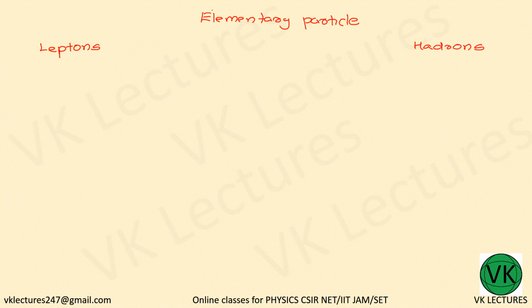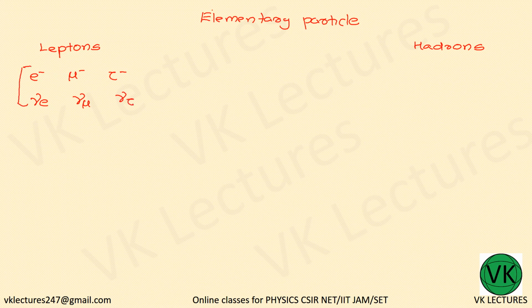Now leptons are free particles, and we have electron, muon and tau, and its neutrinos: electron neutrino, muon neutrino and tau neutrino.